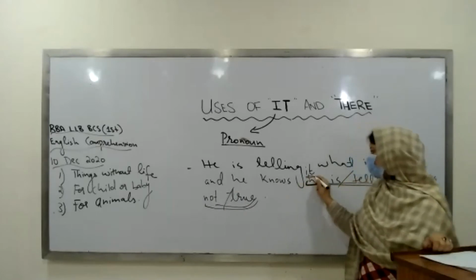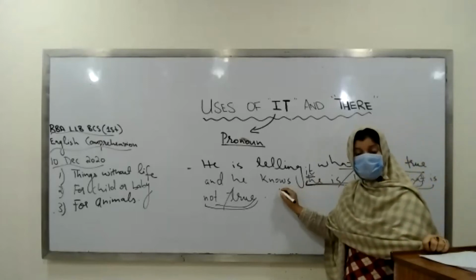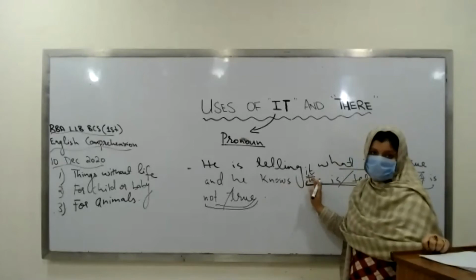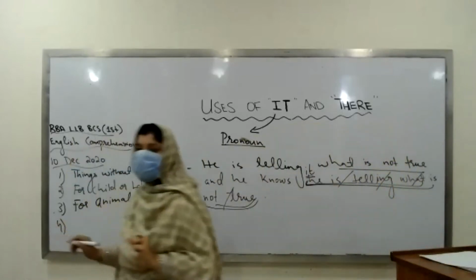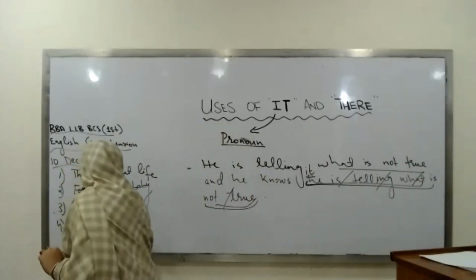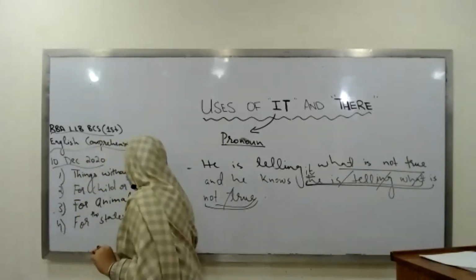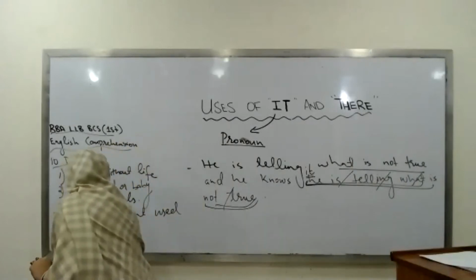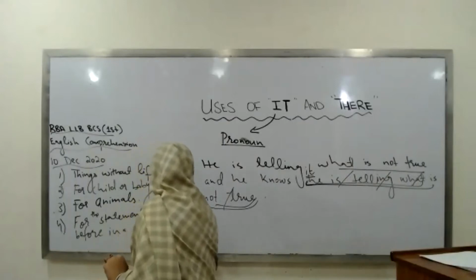So it has been replaced, this second statement of a sentence which has been repeated again. To avoid this repetition, you will use what? It, right? So the fourth use of it is that it is used for a statement used before in a sentence, right?